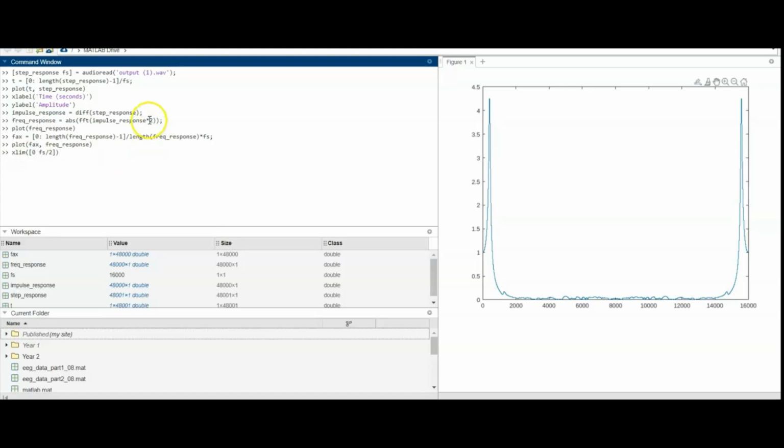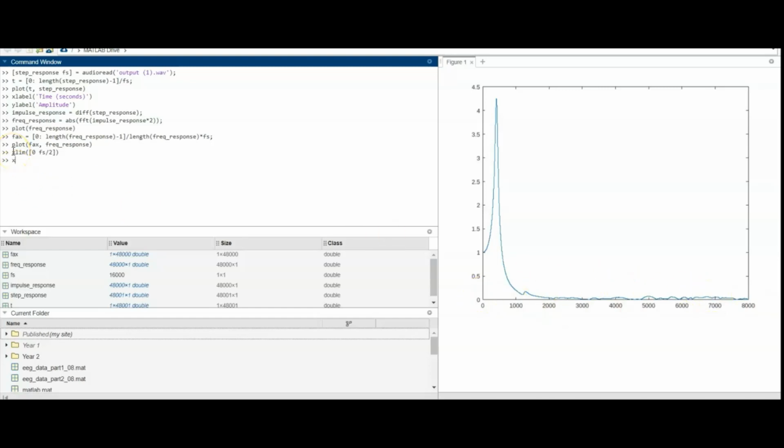And this is why we had to multiply our impulse response by 2 earlier, so that it was at the right proportions when we halve the x-axis. So here we go, it's from 0 to 8000, so we can see how our circuit will change each frequency.